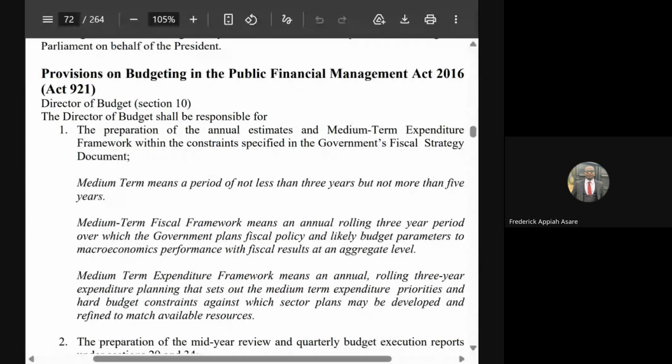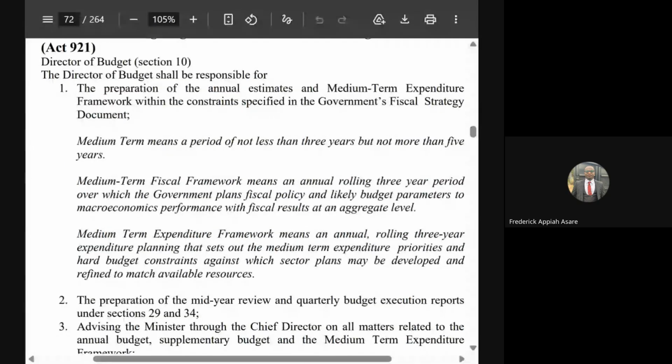In the PFM, the director of budget will be responsible for the preparation of the annual estimates and the medium-term expenditure framework within the constraints specified by the government fiscal strategy document. So every year when you are preparing budget, as I said, the individual programs or ministries will prepare their budget.